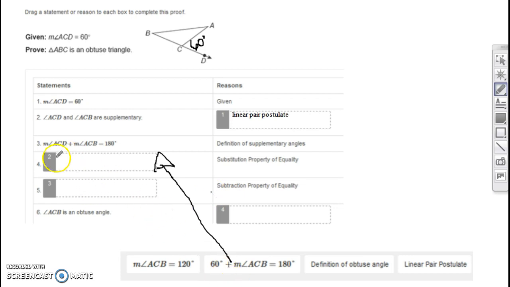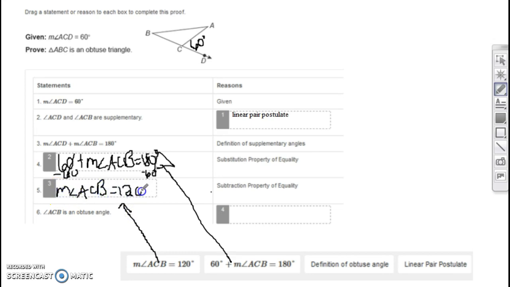Now we just left off with this one, and I'm assuming that we're trying to solve for the measure of angle ACB, so we would want to subtract 60 from each side. And if we did that, we would be left with this. The measure of angle ACB equals 120 degrees.